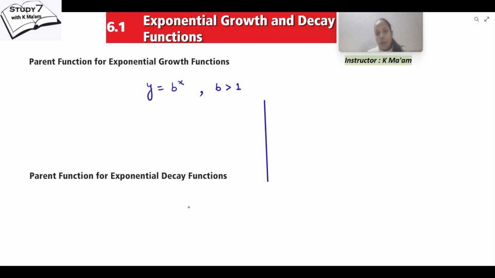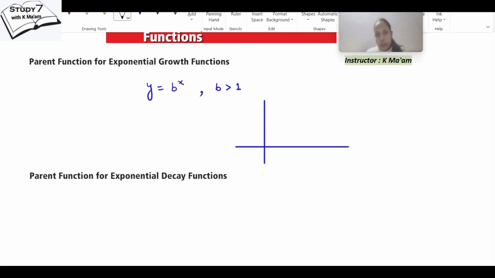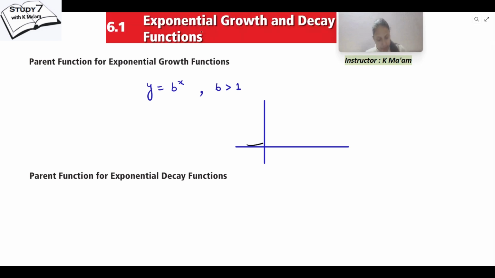How does the graph look for this? If you look at the graph of this function, it will be this type of function. It will cut the y-axis at the point 1.